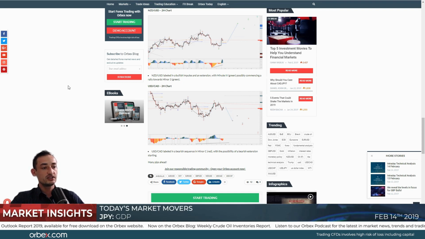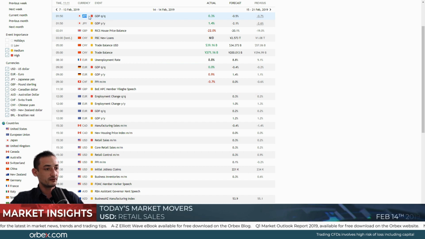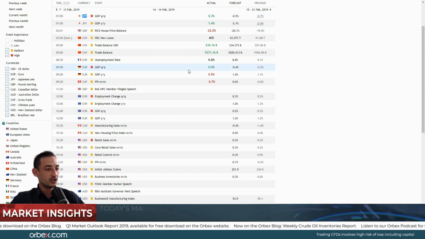So let's just see what could possibly trigger such a volatile move or a possible reversal. So on the economic calendar for the day, we do have the market movers. Let's say we did have the yen's GDP, the gross domestic product release, which was obviously, as you guys can actually see, positive, and the Euro's GDP in Germany was indeed higher than expected.